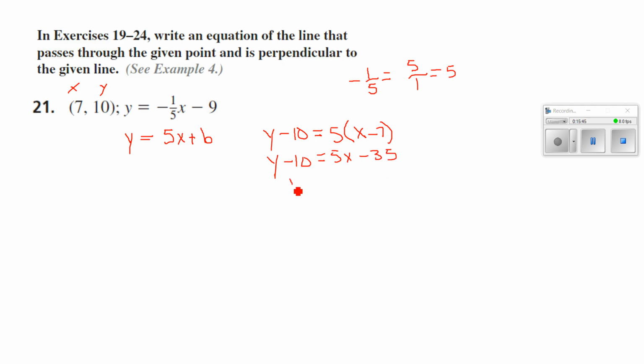Now I'm going to add 10 to both sides to combine my like terms and isolate my variable y. And negative 35 plus 10 is negative 25. And that's going to be my answer. All right. Let's go to the next one.